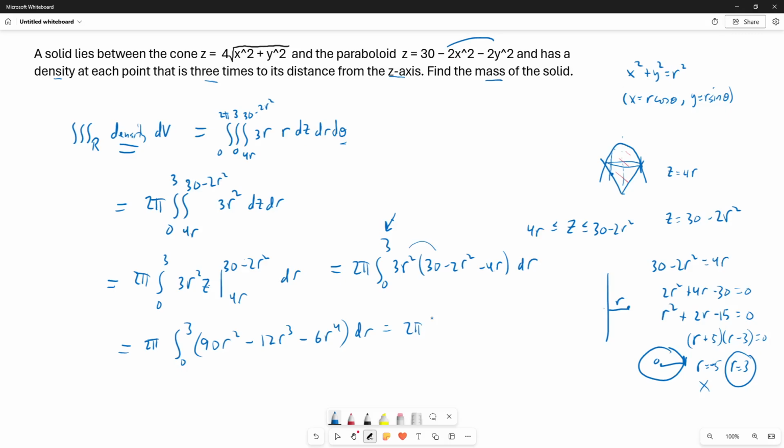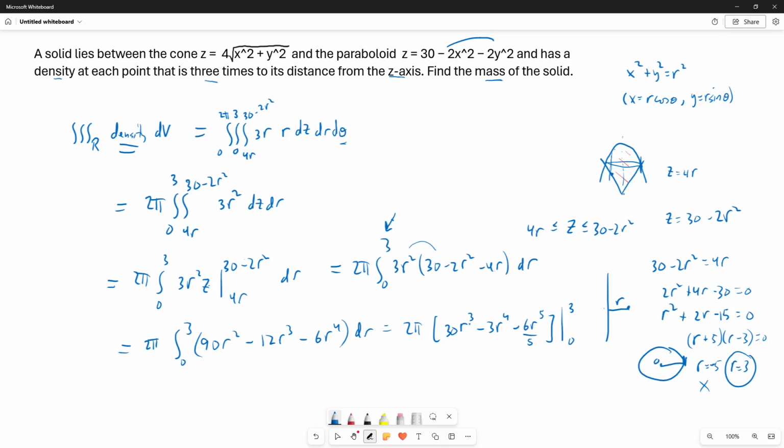So the antiderivative is r cubed over 3, 90 over 3 is 30, r to the fourth over 4, 12 over 4 is 3, and here nothing cancels, we're left with the heinous fraction 6r to the fifth over 5 to make our arithmetic even more fun. And we have to plug in 3 and 0.